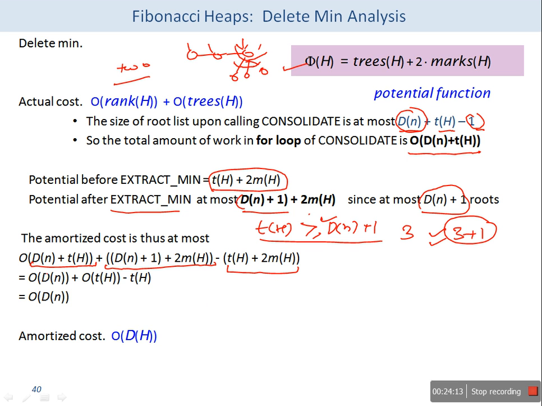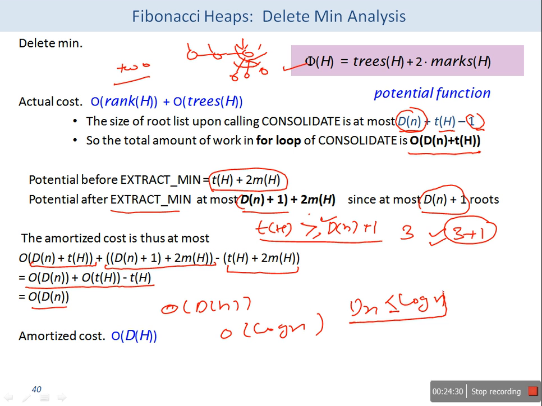When you do it, it is converted into D of n plus order of t of H minus t of H, that is order of D of n. So the order of D of n means order of log n, because D of n is always less than log of n. So the time complexity of the delete min analysis is order of log of n. Okay, so this is all about the Fibonacci heap delete min operation. Thank you very much.